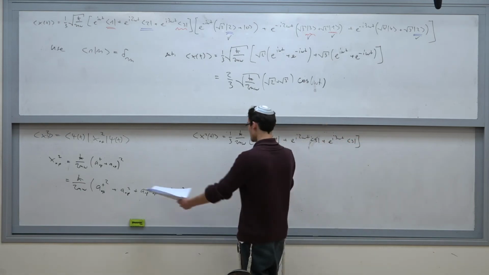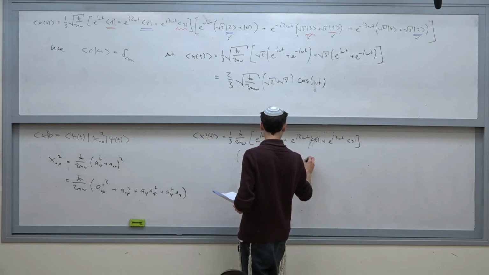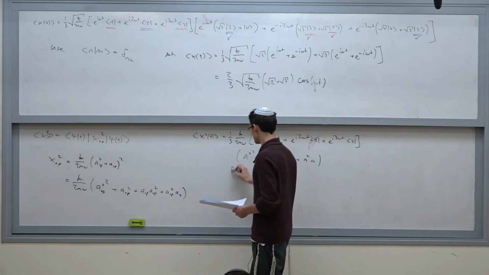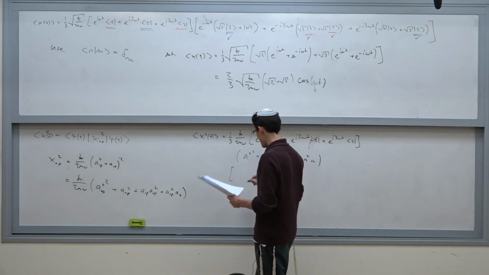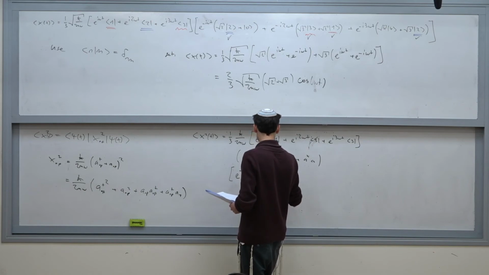Then this is multiplied by a dagger squared plus a squared plus a dagger a plus a a dagger. And then there's the ket closing the expression with the minuses in the exponent.